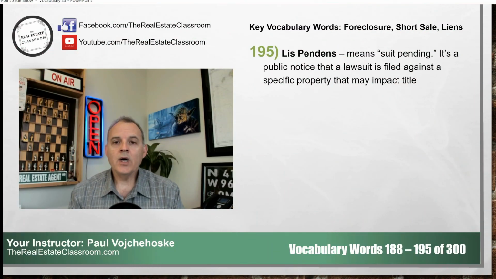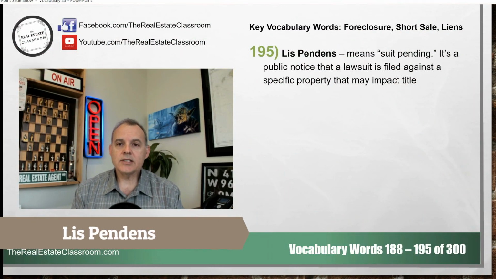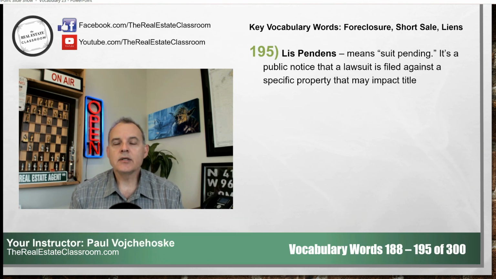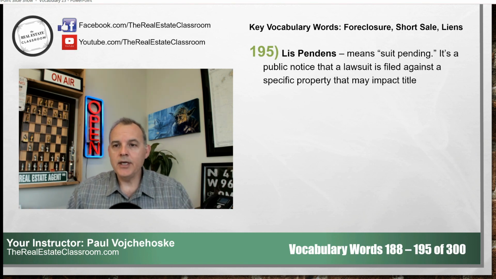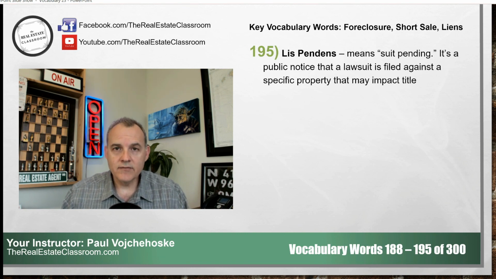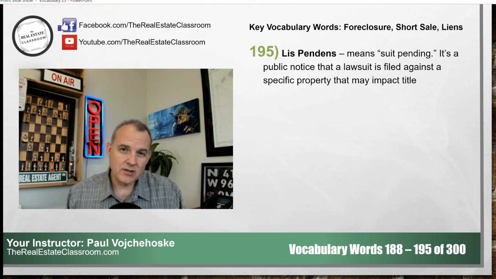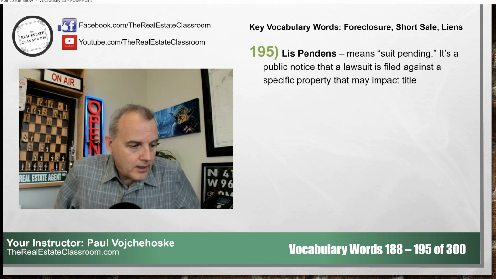So, number 195 is what's called Lis Pendens. This literally means suit pending, meaning lawsuit pending. It's a public notice. And remember, when we have a public notice, lawsuits are filed with the county, and that gives constructive notice to the world of this pending lawsuit against a specific piece of property.